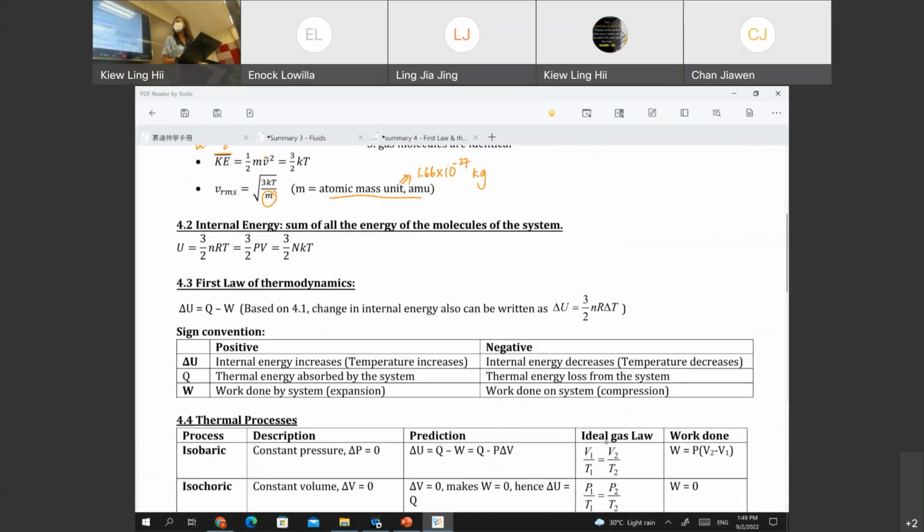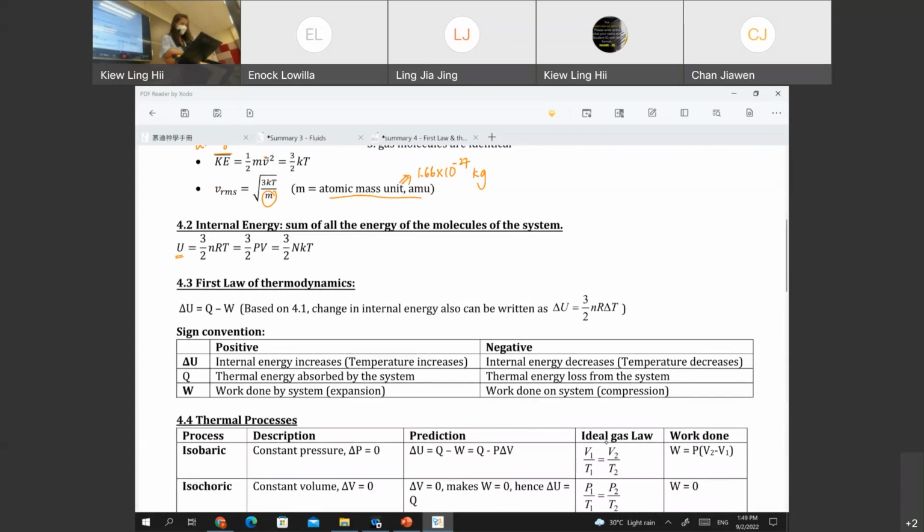So the second part of the topic is the first law of thermodynamics. The first law of thermodynamics involves internal energy given by symbol U, formula 3/2 nRT.